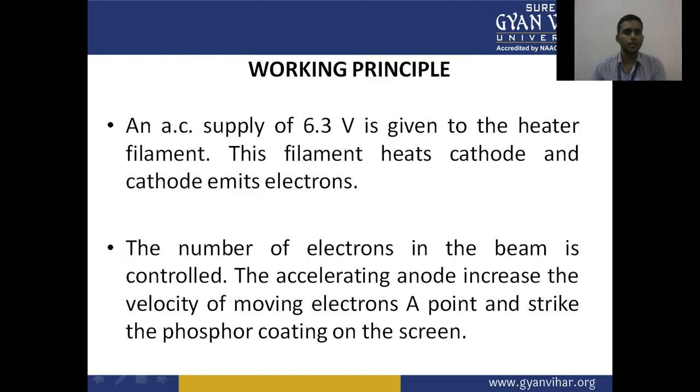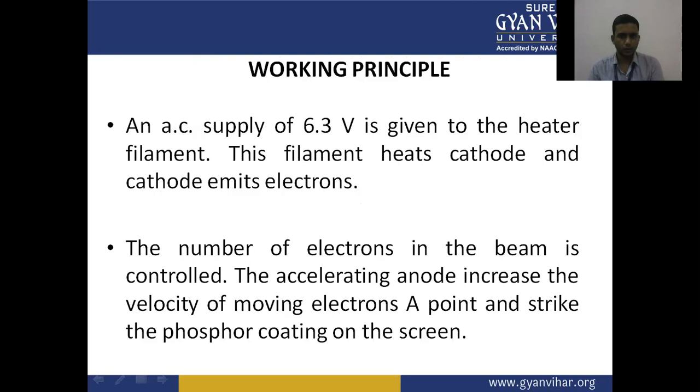Working principle: an AC supply of 6.3 volts is given to the heater filament. This filament heats the cathode, and the cathode emits the electrons. Hence, we apply 6.3 volts to the heater element, and this element, that is the cathode, emits the electron beams.